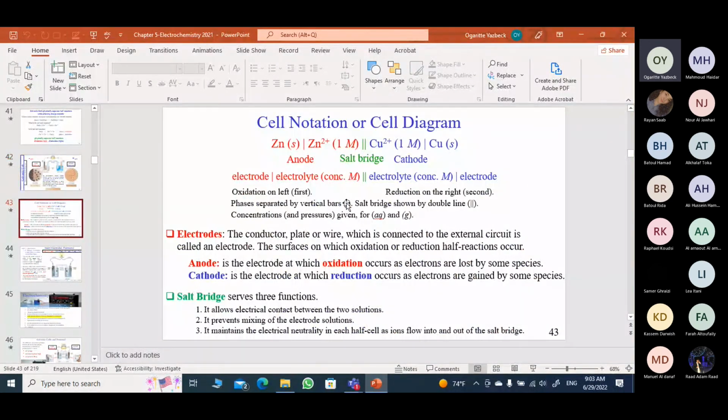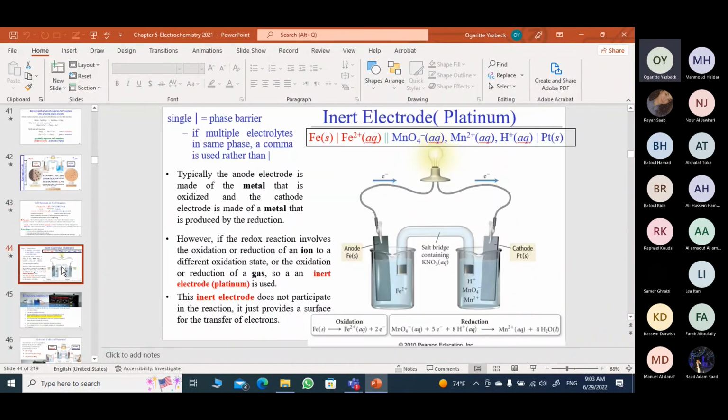In the cell notation, the oxidation half is on the left hand, reduction half on the right hand, separated by a double line, meaning the salt bridge, and always put the electrodes on the ends typically, or as the reaction is written. If we have some reaction that doesn't have a solid, we use a platinum plate for the electrode.